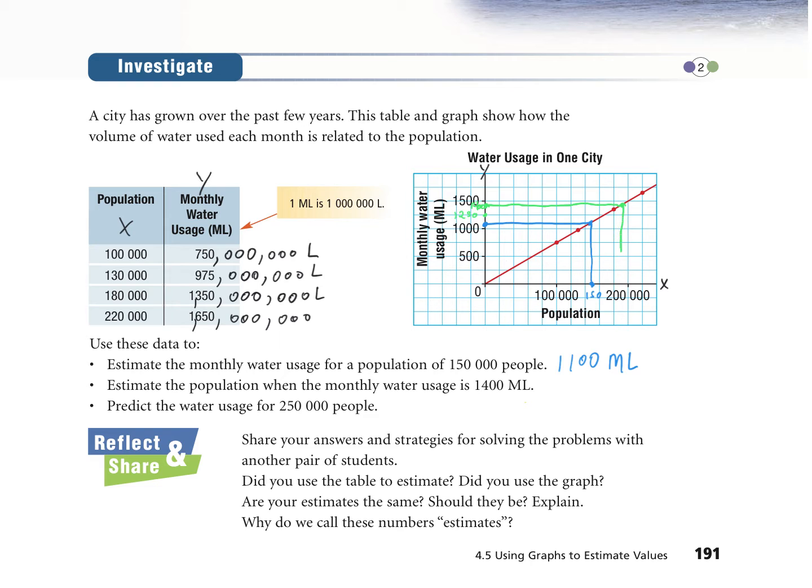And we can come straight down now and see where we end up. And we can see that we end up right here, just a little bit below 200,000. So you might want to estimate something along the lines of 190,000 people.